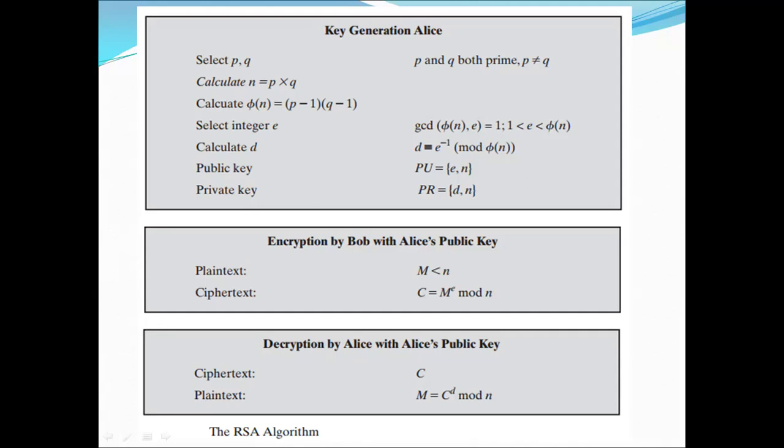For example, the encryption by Bob with Alice's public key is denoted like this. Plain text m less than n, and the ciphertext is produced as m power e mod n. For the decryption process by Alice with Alice's private key, the ciphertext is denoted as C, and the plain text m is equal to C power d mod n.